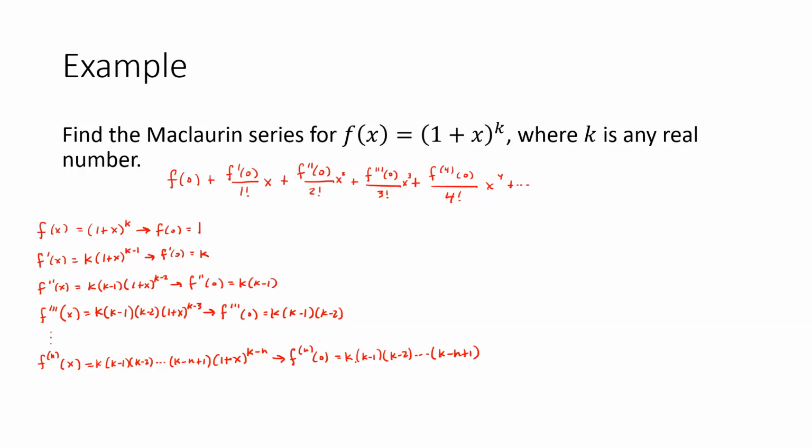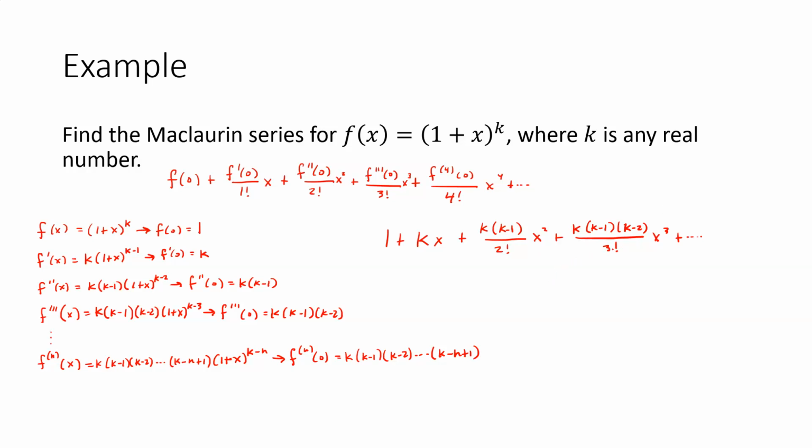So we can fill in the formula that we have above here. We see that f of 0 is just 1. f prime of 0 is k, so we have kx. f double prime of 0 would be k times k minus 1 over 2 factorial times x squared. And then f triple prime of 0, k times k minus 1, k minus 2 over 3 factorial times x cubed, and so on.